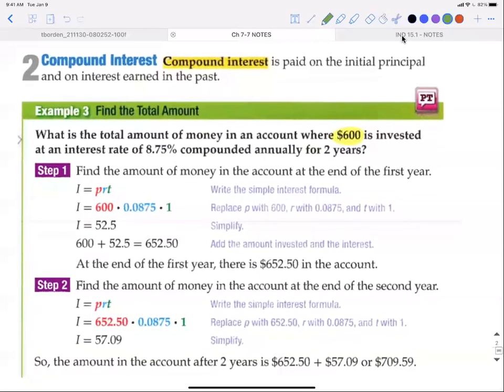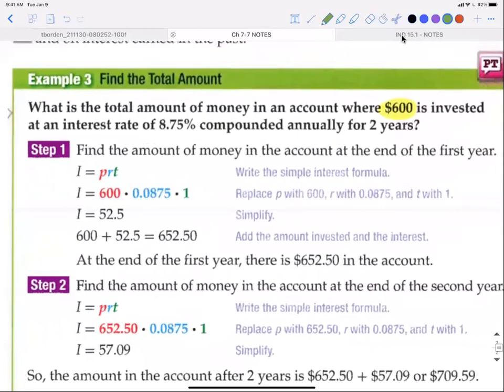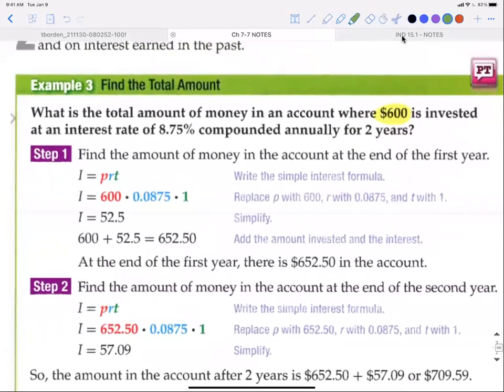This says, what is the total amount of money in an account where $600 is invested at the rate of 8.75% compounded annually for 2 years? But notice what I put in my year spot. I put a 1, even though it's 2 years.